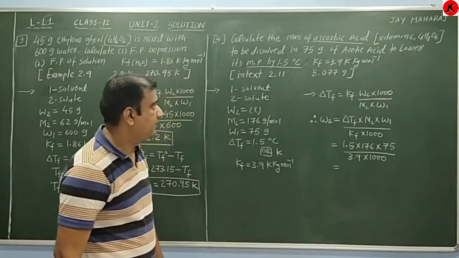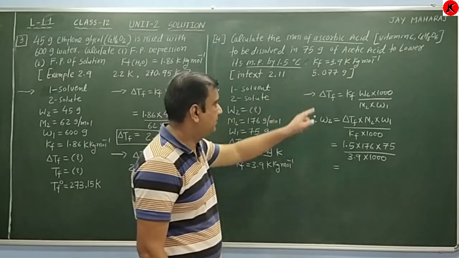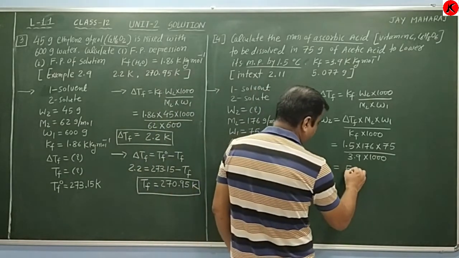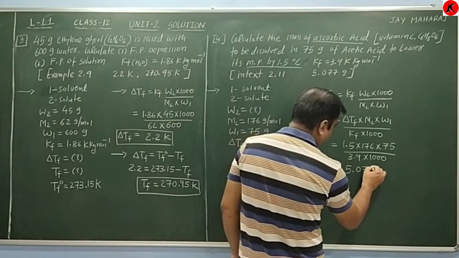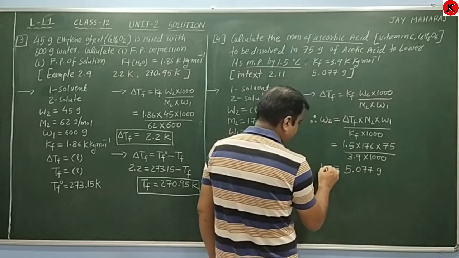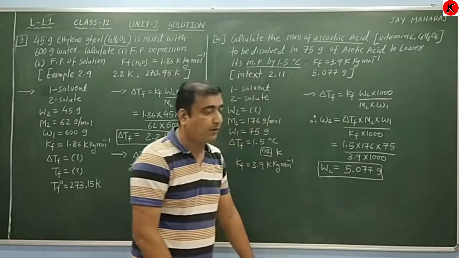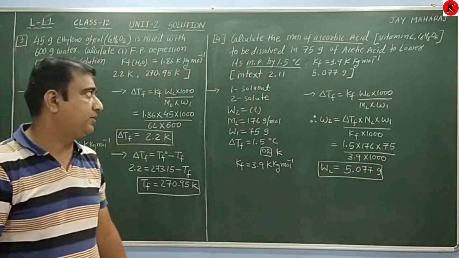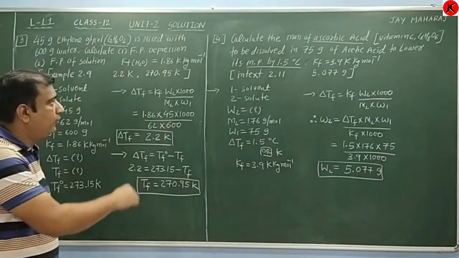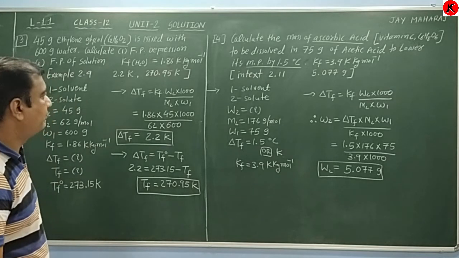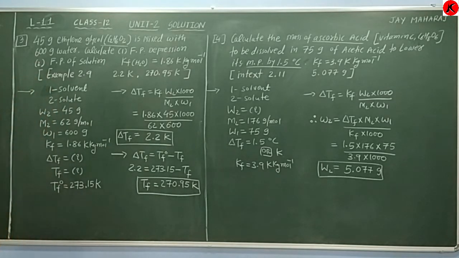When this is simplified, we will get answer 5.077 gram. That means answer W2 equal to 5.077 gram is required to lower the melting point by 1.5 degrees Celsius.